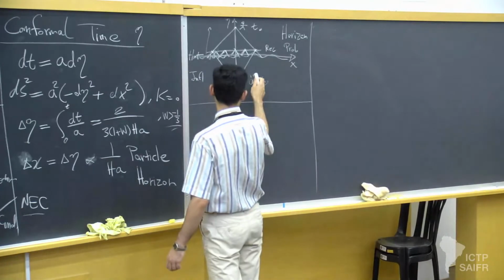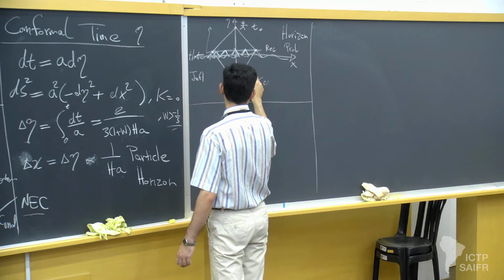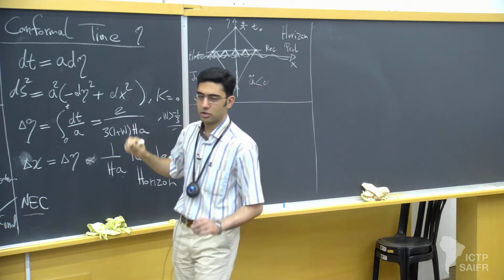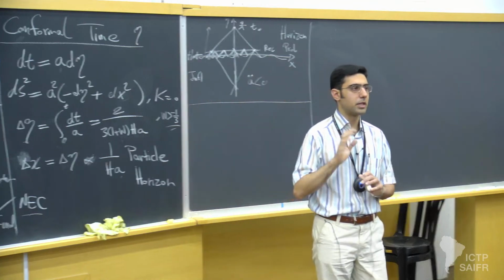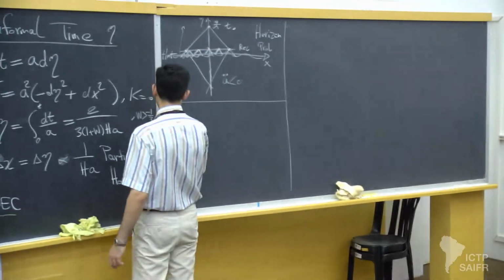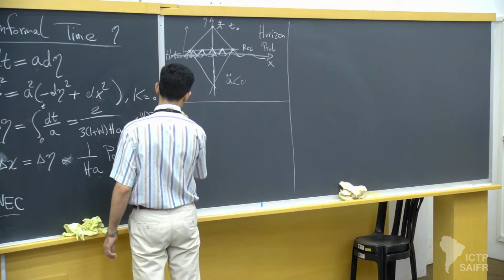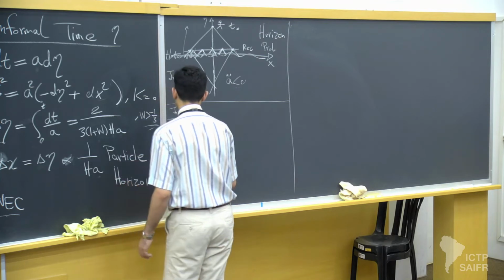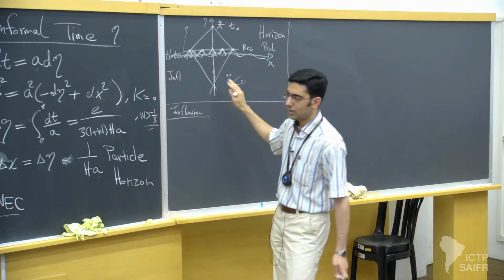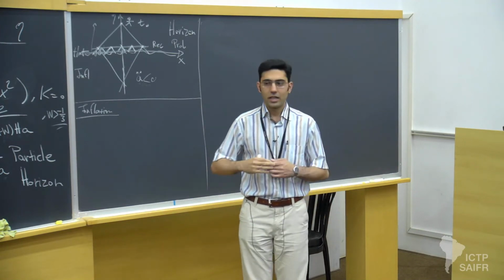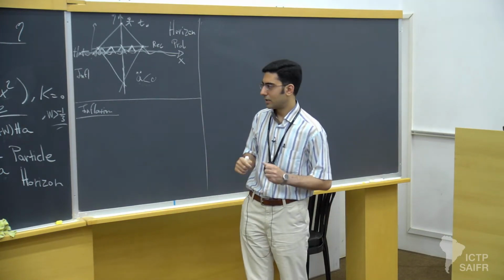As I mentioned, we want a double dot to be negative. So let me give you, from the beginning, some very simple model. Having a double dot less than 0 doesn't necessarily mean that we are in de Sitter.